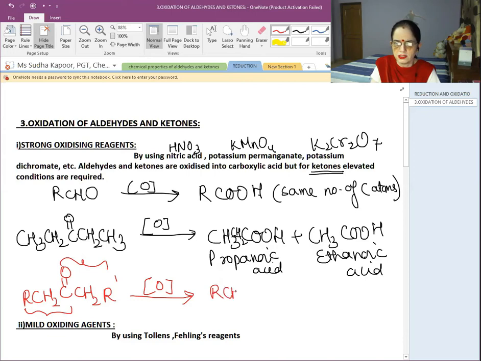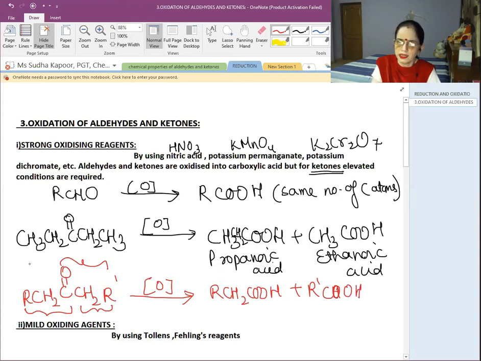So RCH2COOH plus R'COOH, and the other one is R'CH2COOH plus RCOOH. In place of CH2 we will be counting the total number of carbons. If we take in the first case the CO with the RCH2 part, then in the other case we have to take the smaller one, RCOOH.